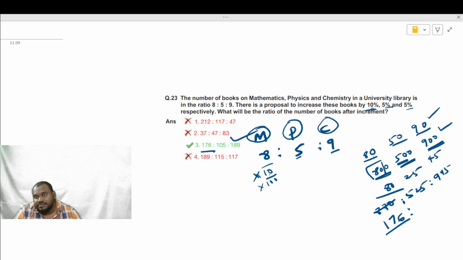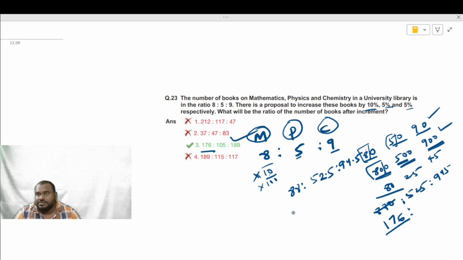Otherwise you can take the other numbers and do this also. On 80, what is 10%? 8. So 88. And 5% of 50: 5 is 10% and 2.5, so 52.5. Then 90 means 4.5, 94.5. So we are getting point 5.